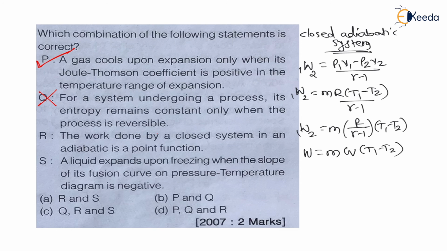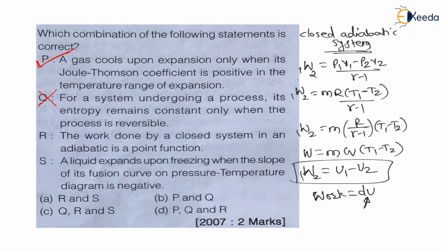And my dear students, m Cv dT is nothing but internal energy. Therefore we can say work 1 to 2 is equal to U1 minus U2, that is change in internal energy. Therefore we can say work is equal to change in internal energy. And my dear students, internal energy is a point function, right?